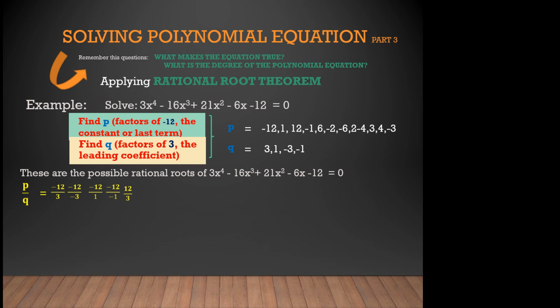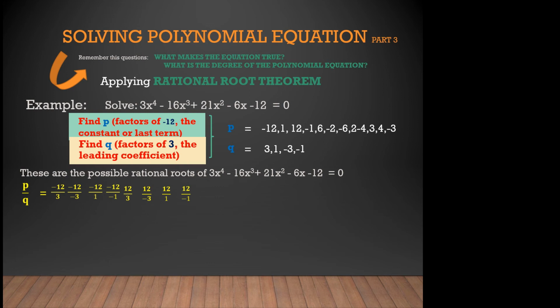Negative 12 over negative 1 is positive 12. Likewise, 12 over 3 is positive 4, 12 over negative 3 is negative 4, 12 over 1 is positive 12, and 12 over negative 1 is negative 12.